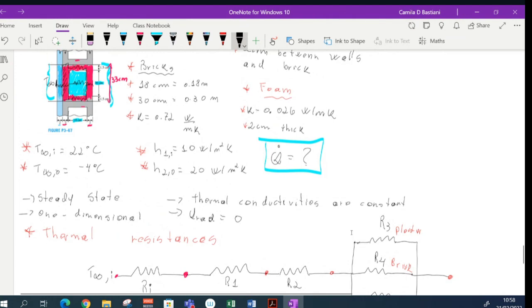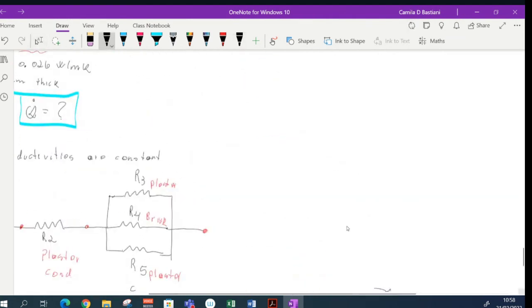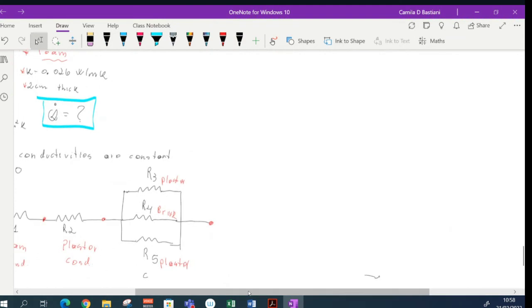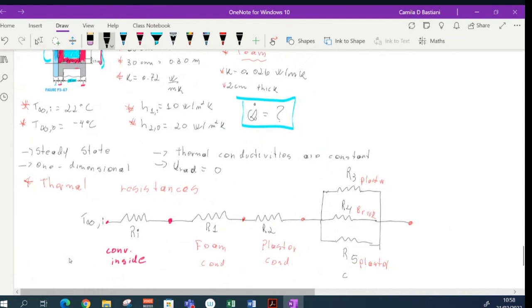And I have another resistance here to the plaster again. So another conduction resistance. All those resistances here are conduction resistances. My next one is again a conduction resistance. I'm going to call here my resistance 6. It is my resistance to the other plaster on the other side. And this is conduction again.